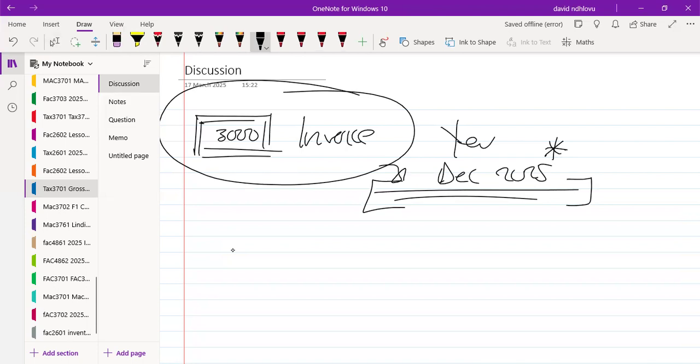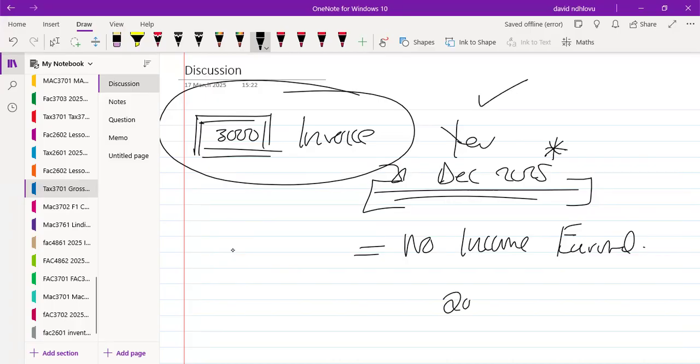So at the end of the year, there is no income earned. The income will be earned in the following year, in January, when the students see their results. If they find out that they have passed, then the students can then what? Pay me. So therefore, this income does not fall in the 2025 year. It will fall in the 2026 year of assessment.